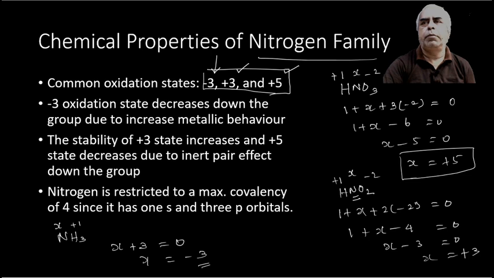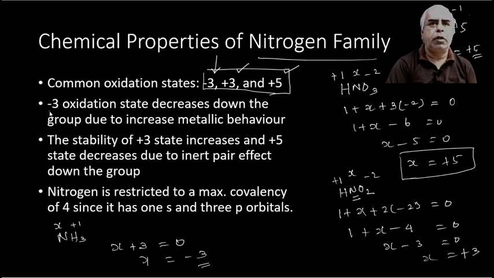Let us consider phosphorus in PCl5. The oxidation state of phosphorus in PCl5 is +5 because for chlorine it is -1. Similarly, for PCl3 it is +3. The -3 oxidation state decreases down the group.